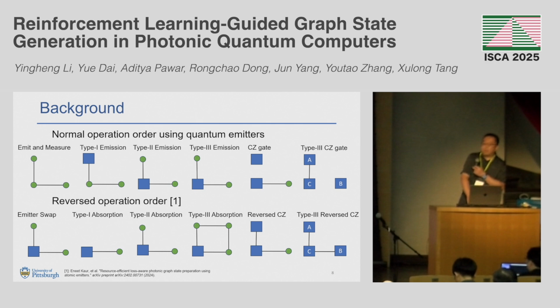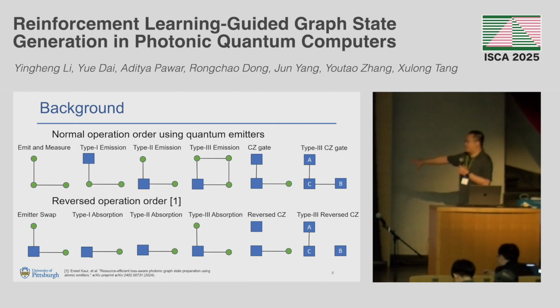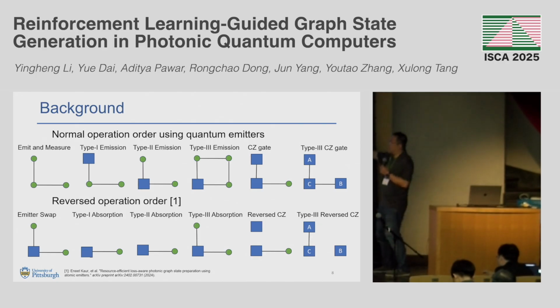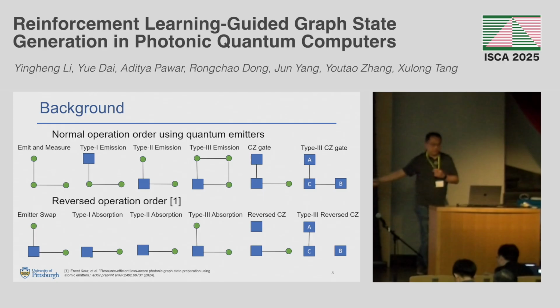It pops out the photon in the normal order, and here you basically eat that photon, kind of absorb it. And same for the reverse CD gate and type 3 reverse CD gates. Okay? So again, this is nothing different from the top one, it's just that the order is different.